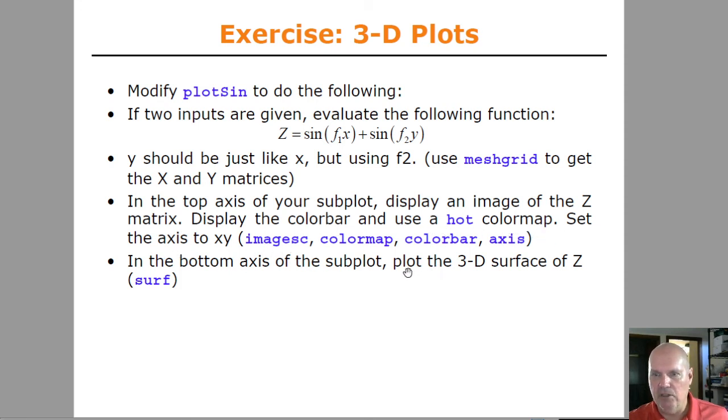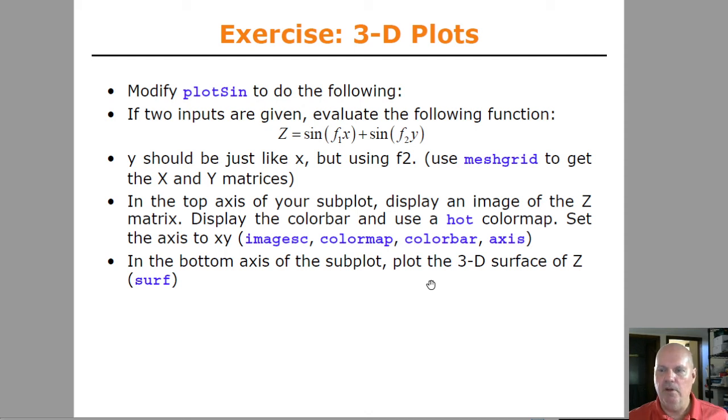In the bottom axis of that subplot, plot the 3D surface of Z. So display it as an image in the top subplot, and display it as a surface in the bottom subplot.